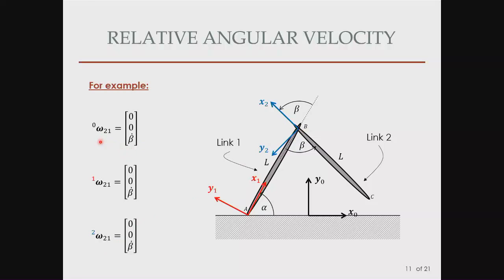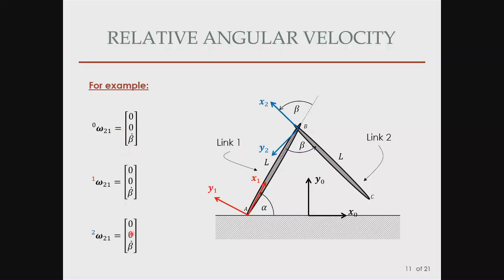Its magnitude is the angular rate of change, and its direction is the axis of rotation. What is the axis of rotation of this body relative to this body? The axis is what is coming out of the slide, so out of the slide is Z, either in frame 0, frame 1, or frame 2. Z0, Z1, Z2 are all parallel coming out of the slide.